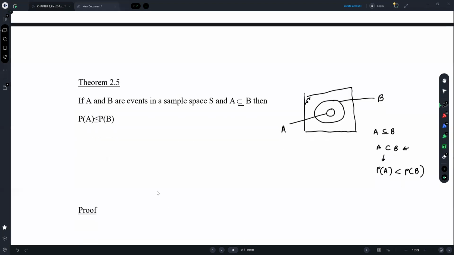And how do you prove this one? Again, you have to think of it as two mutually exclusive events, right? How do you write this one? Since we have, let me go to the proof.